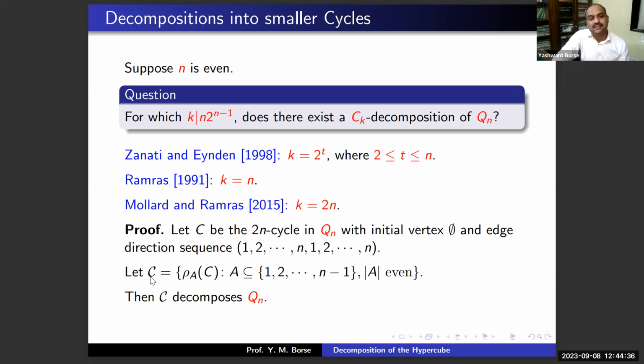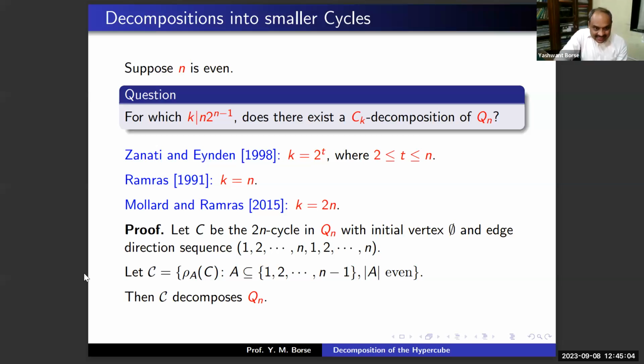Apply this rho A on C, where A is a subset of 1 up to n minus 1, and the cardinality of A must be even. So this rho A is an automorphism. So it gives you copies of C again. And it is proved that all these copies are edge disjoint, and together they decompose Qn.